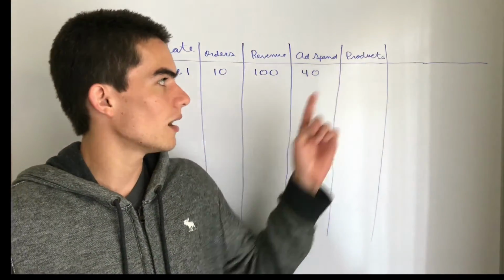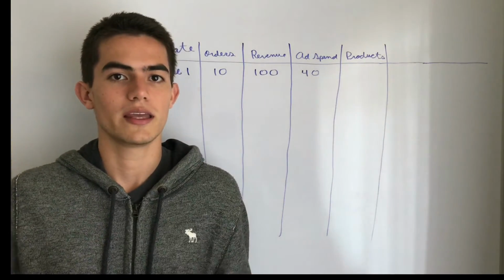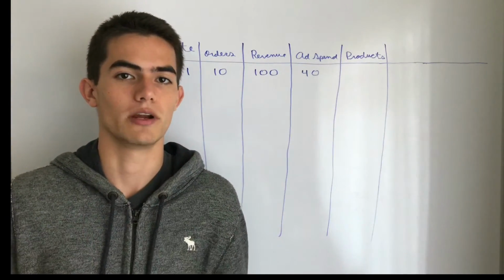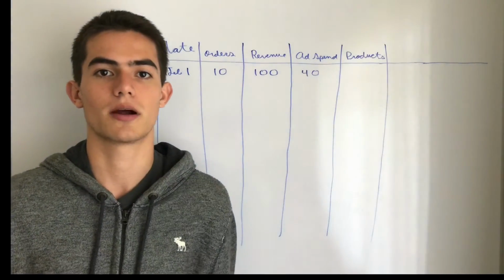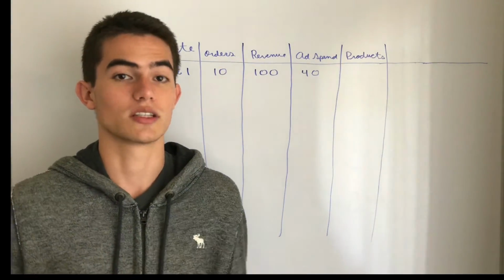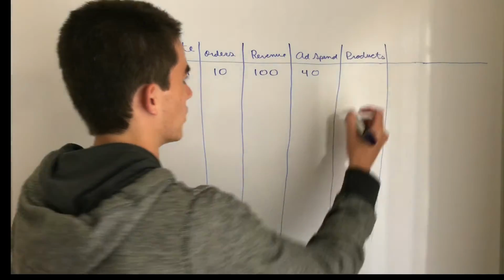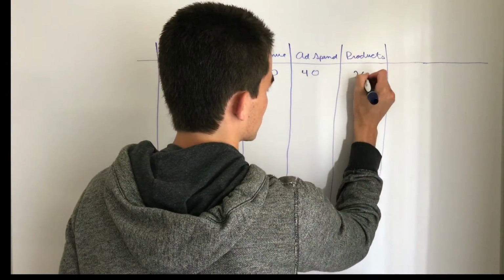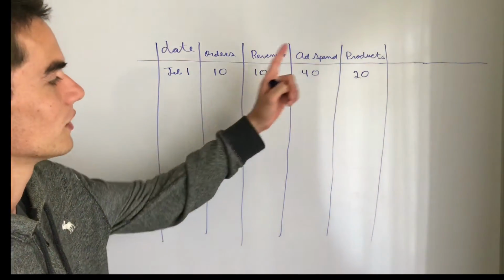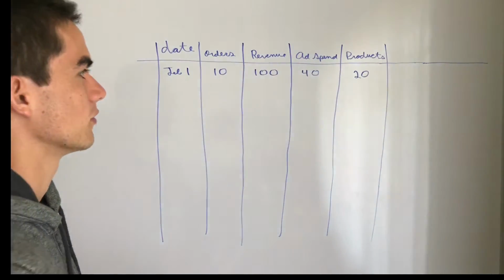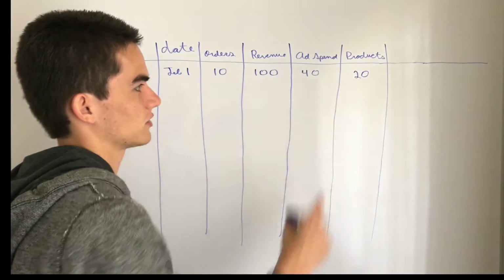The point here is how much did I spend total in buying products for that day, regardless if it was from AliExpress or T-Launch or any print on demand company out there. What was the total product cost? Let's say it was $20. So my total revenue is 100, my total ad spend was 40, and my product costs were 20.